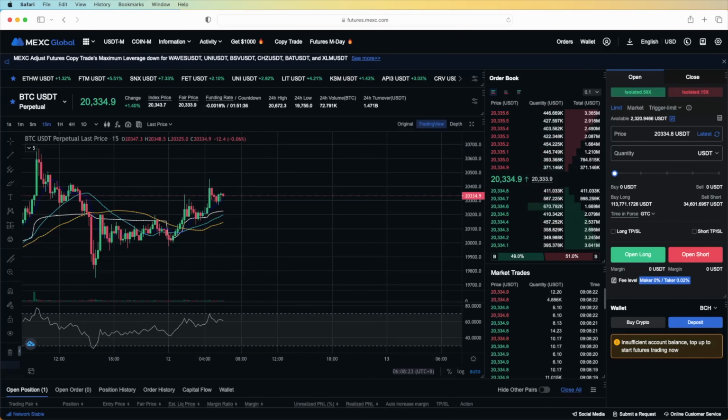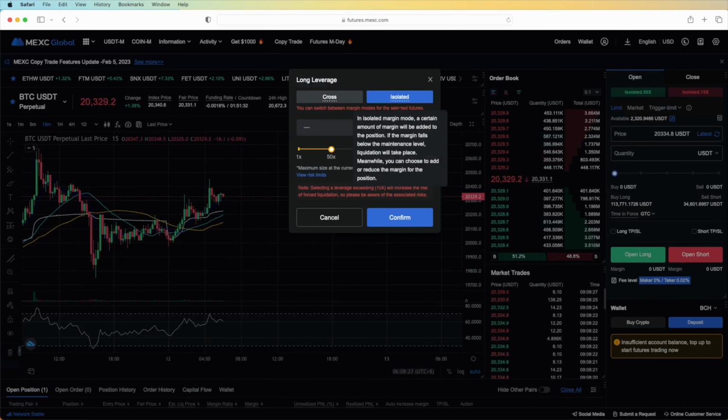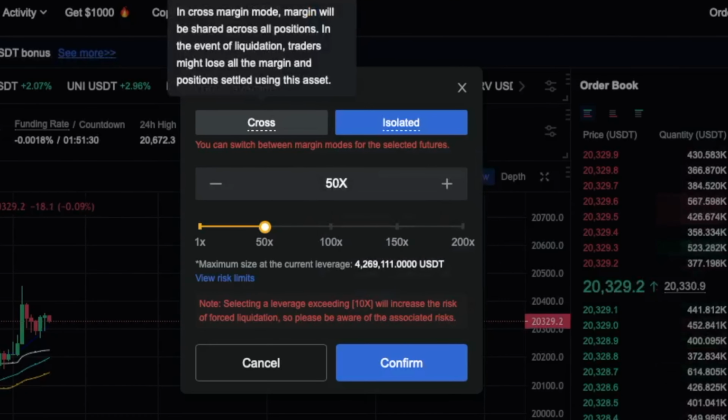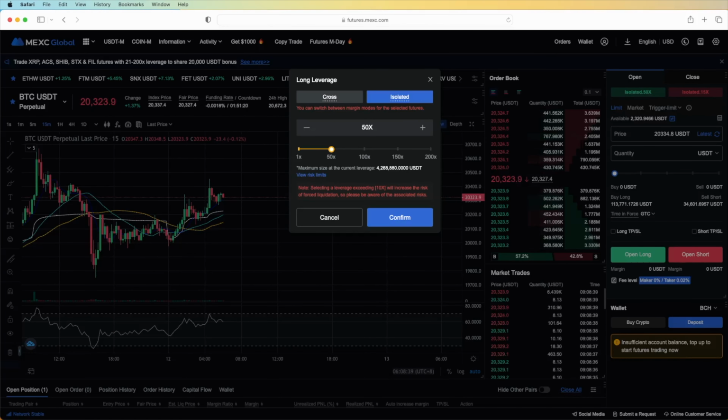First, you need to set up your leverage, cross or isolated. Cross margin means your liquidation and your position are based on all of the money that you put on your exchange for perpetual trading.